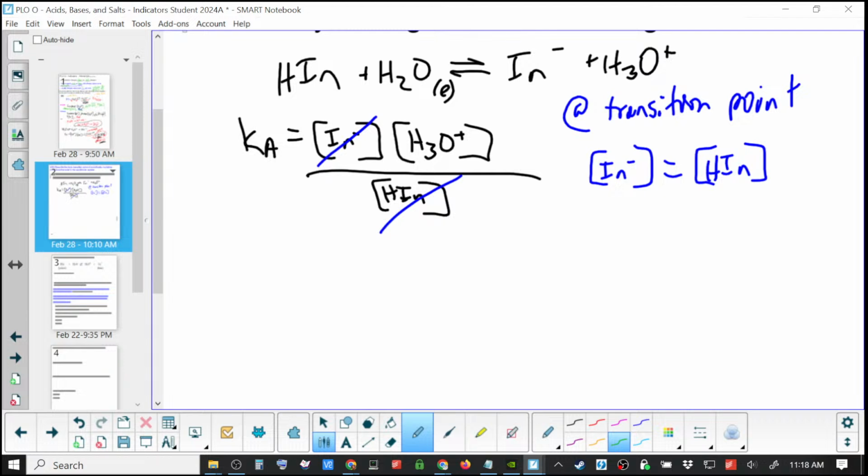So that would mean that at the transition point, the Ka is equal to just the concentration of H3O plus.